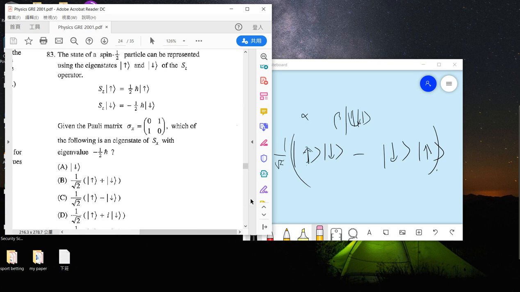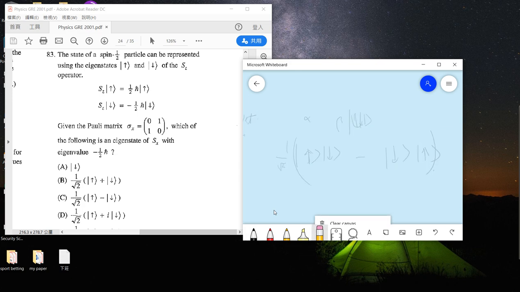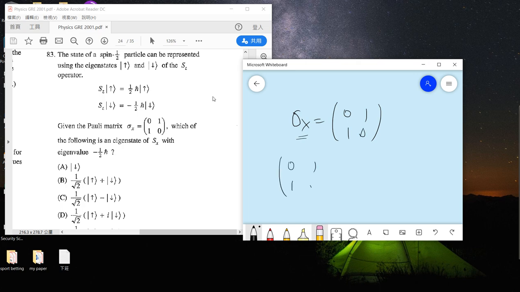Okay, 83 is also probably easy. It just asks about the eigenstate for Sx. You know sigma x is this matrix, so what you need to find is the eigenvector for sigma x with eigenvalue -1.